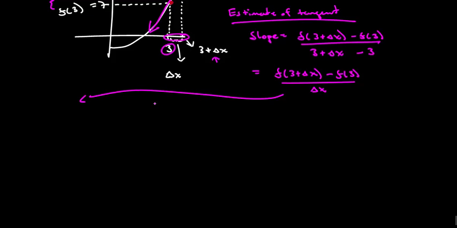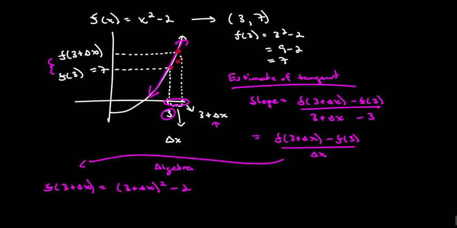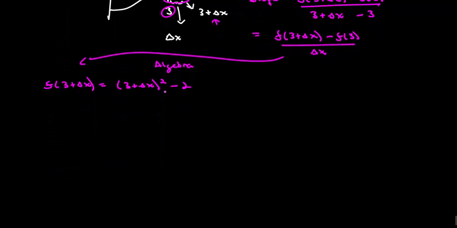Now we've got to work out the numerator, so there's some computation going on there. So here comes the algebra. We have to take 3 plus delta x and plug it into f. That's going to be 3 plus delta x squared minus 2, getting that from this function right here.